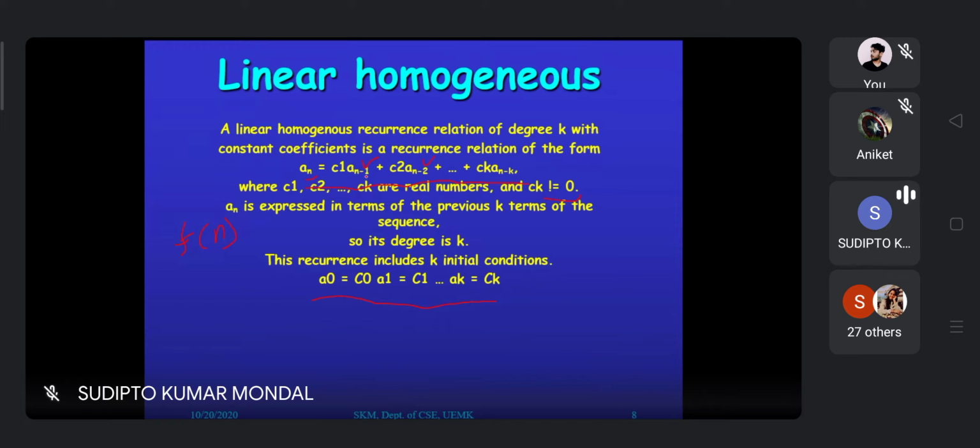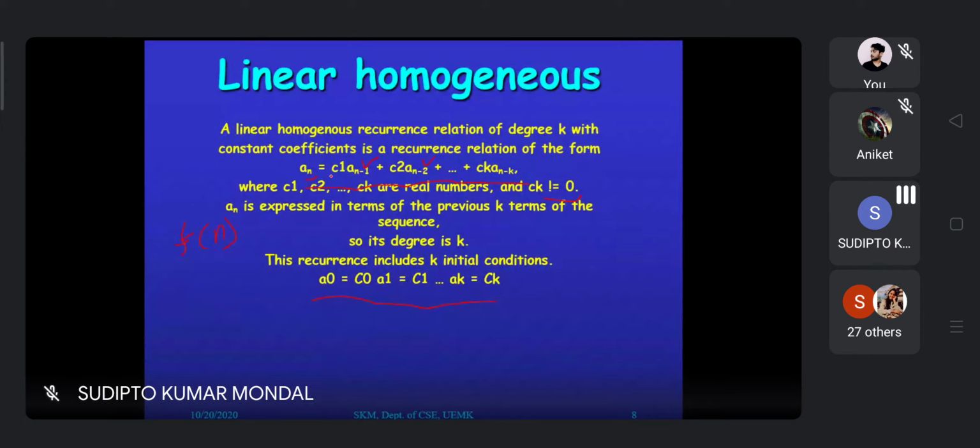So we can also notice that if I switch all these terms to the left hand side, the terms become a_n minus c1 a_(n-1) minus dot dot dot equals finally 0. So no constant and no nth term should be there which can exist in the expression. No such kinds of terms are allowed.